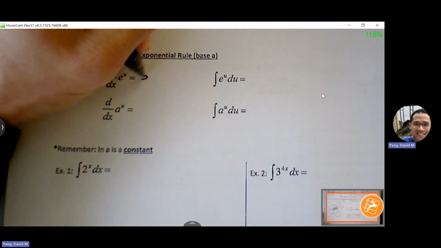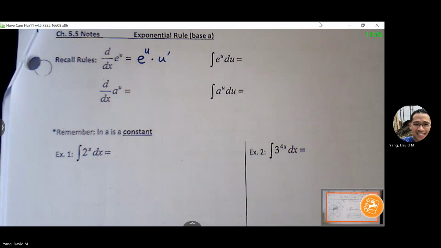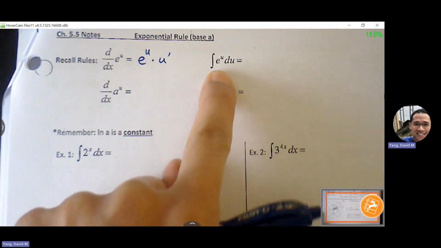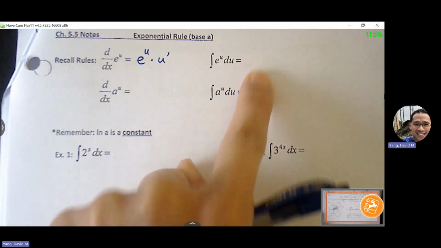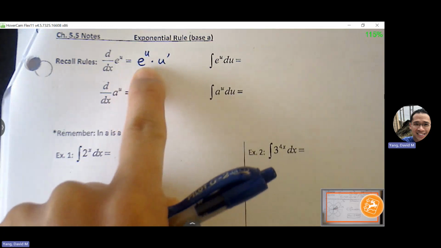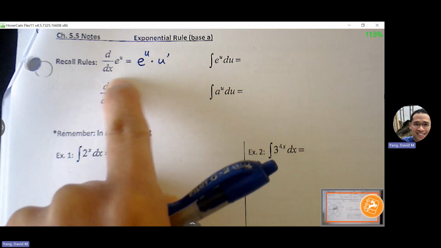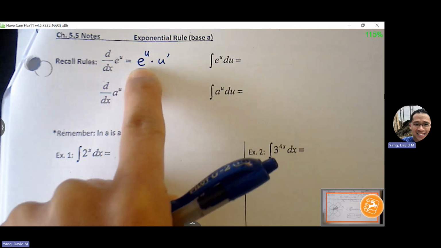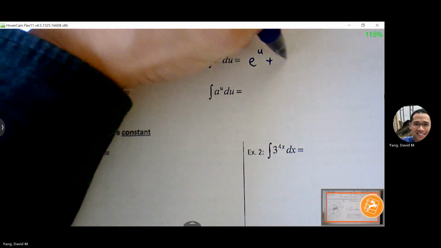That's a first semester derivative rule. And we just learned that the integral of e to the u is basically working backwards: if this is the derivative, how do we get back to the original function? Because e to the u's derivative is just itself, the integral is also itself, so e to the u plus c.